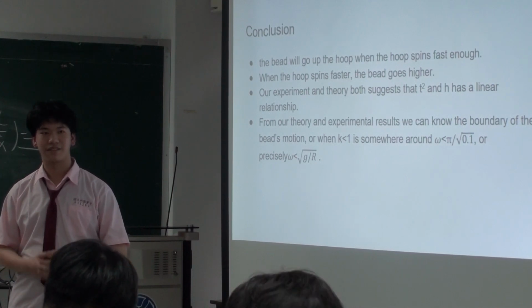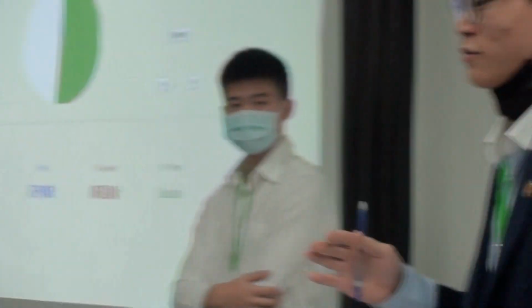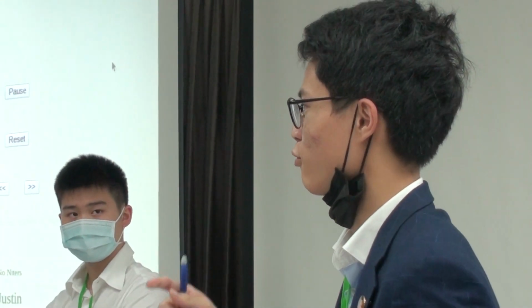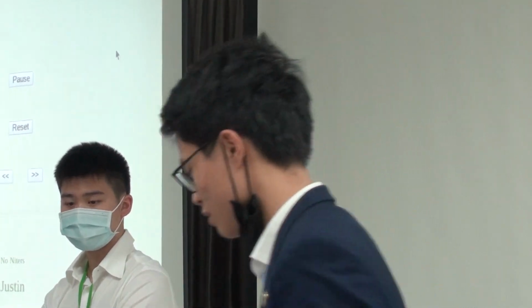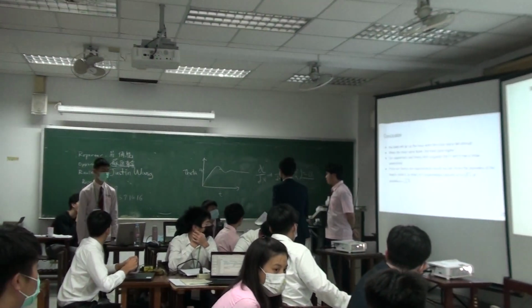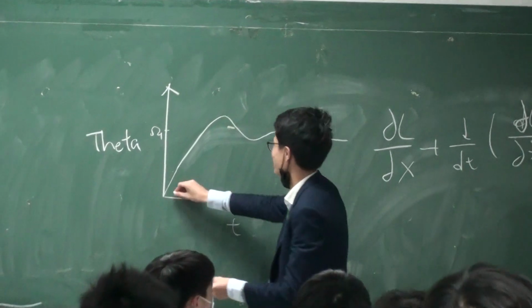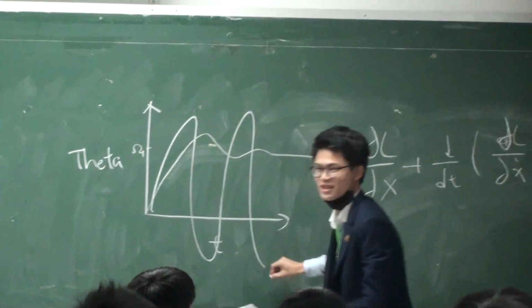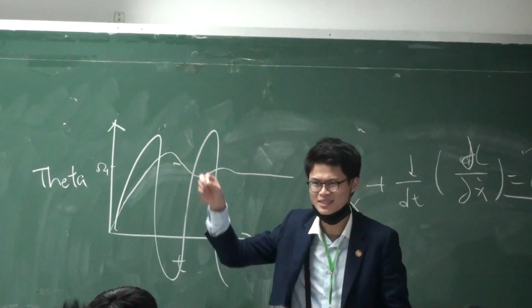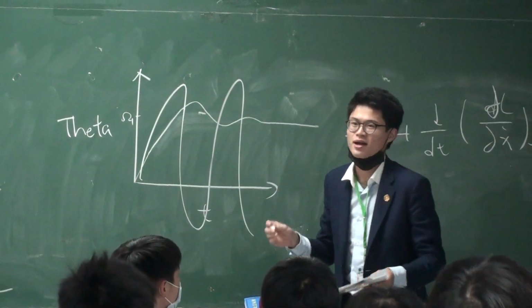For the opponent, why is drag force, instead of friction force, important? If there's no drag force considered, the motion will be totally different. According to simulation and the Lagrange equation of motion, the effect without drag force will be a sort of simple harmonic motion of the bead, and it's more complex than that.